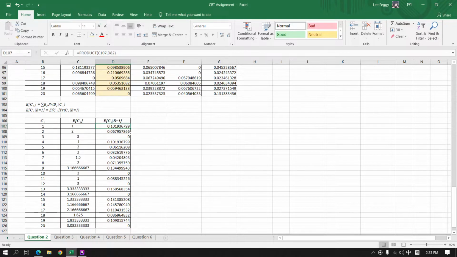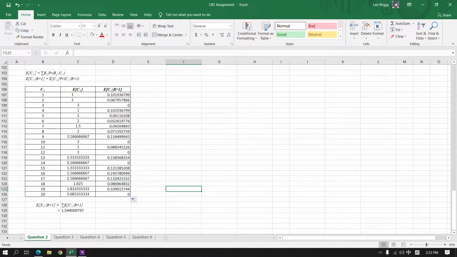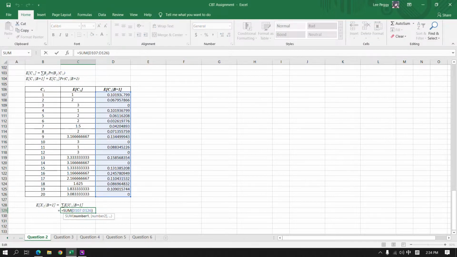We can find all the values by dragging, and then what the question wants us to find is to sum all these values up. By adding all these values up, we get the expected value of X2 given B equals 1.